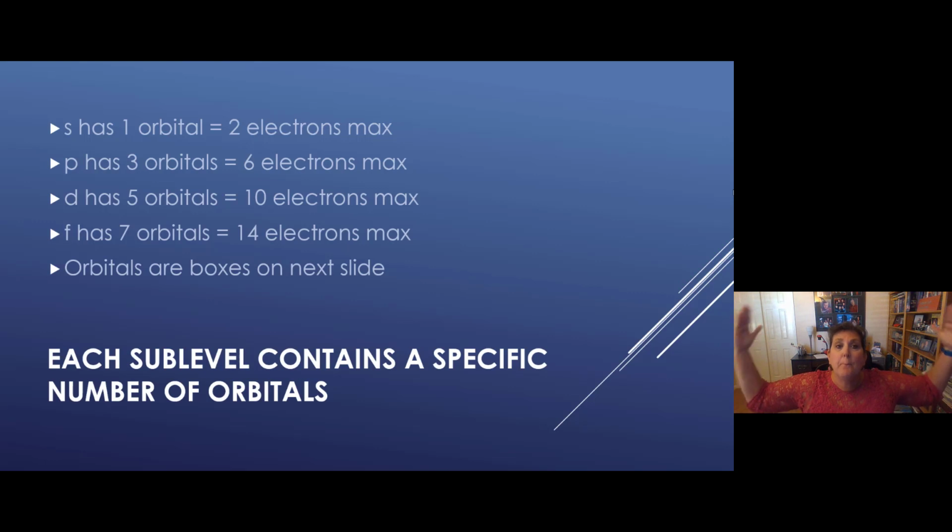And then the F is the biggest sublevel. It has room for 7 orbitals, which means we can have 14 electrons max. Notice these are odd numbers. S, P, D, and F, 1, 3, 5, 7. So the number of orbitals is odd numbers, 1, 3, 5, 7. Multiply by 2 to get the maximum electrons.